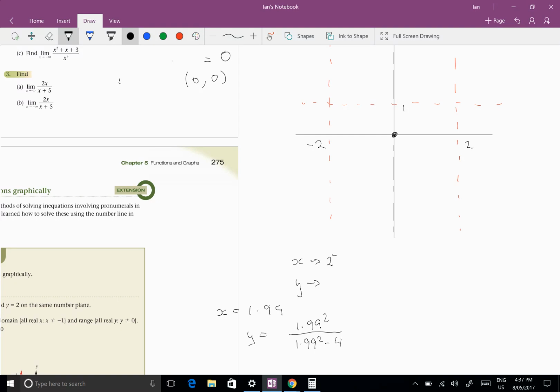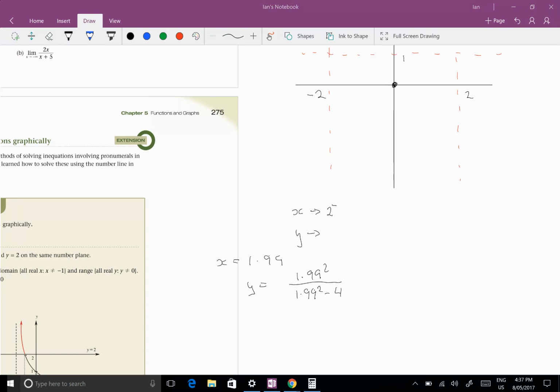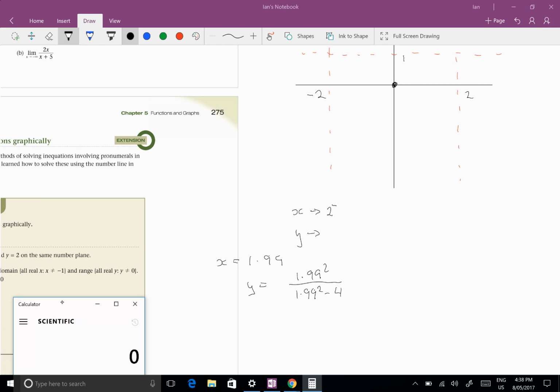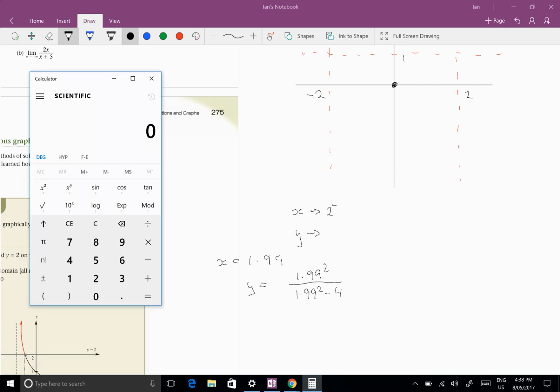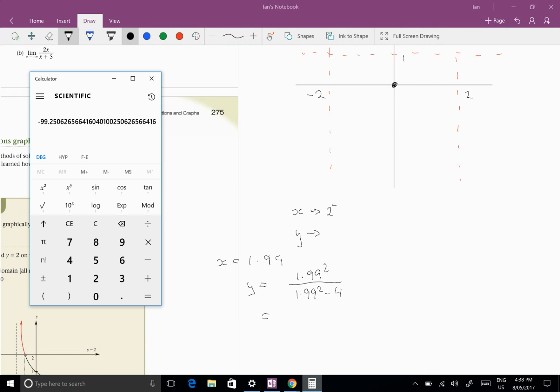And if I go to my calculator, 1.99 squared divided by 1.99 squared minus 4 equals negative 99.25.